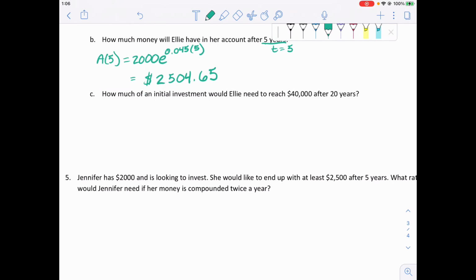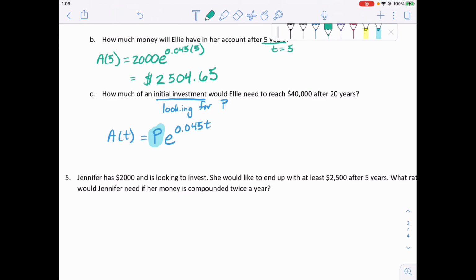How much of an initial investment would Ellie need to reach $40,000 after 20 years? So now, our initial investment, we're looking for P. So we're going to take that 2,000 out and put a P in, e to the 0.045 t equals a of t. We want to find now what is this value.